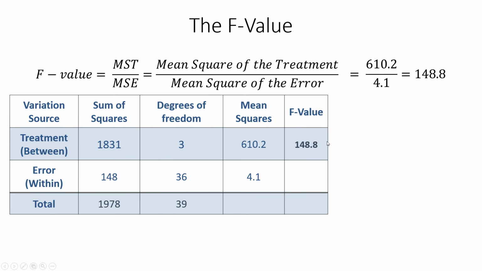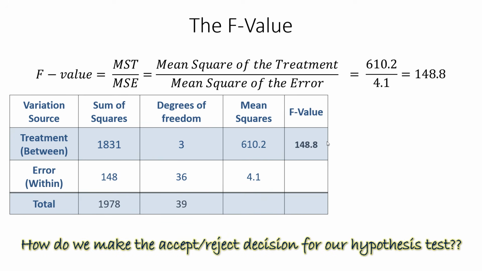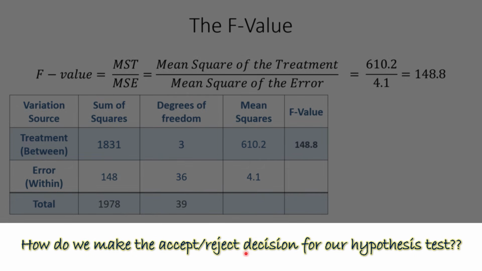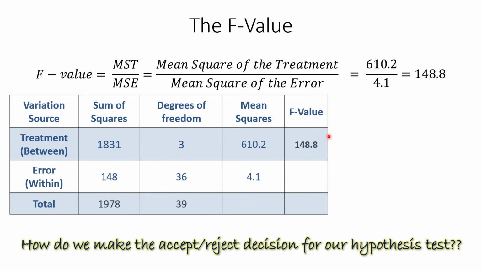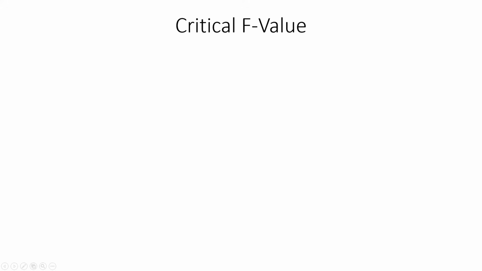Now, remember, that's a big number, and we should probably be rejecting the null hypothesis, which we will do. But in a normal situation, you have to ask yourself, relative to this F value, how do we make an accept-reject decision for our hypothesis test? And we do that by comparing this F value against a critical F value, okay, a critical F value.